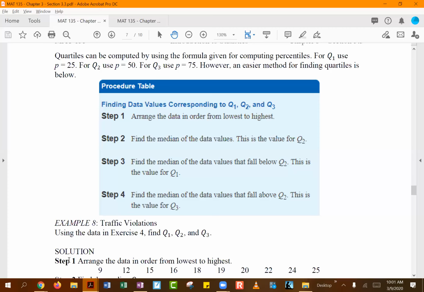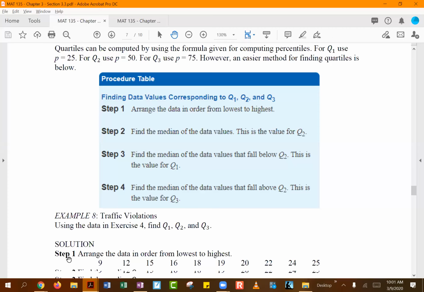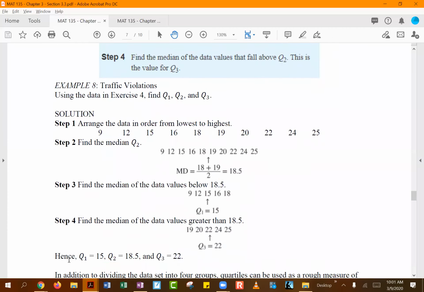So let's take a look at our traffic violations example again. We've arranged it in order. These were 10 data values, so your median is between the two centermost values, halfway between 18 and 19, which comes out to 18.5. This is my median, quartile 2, 18.5.